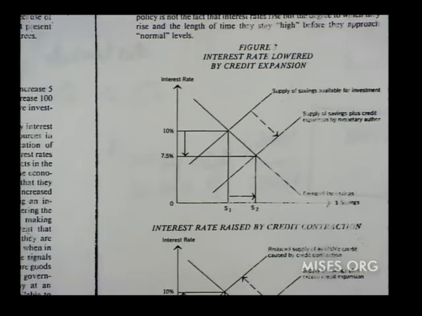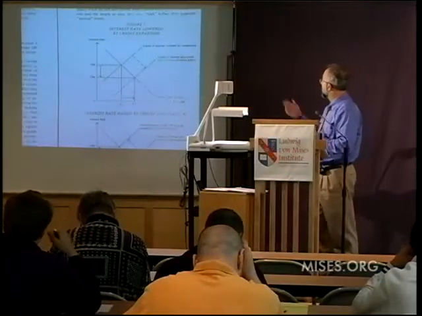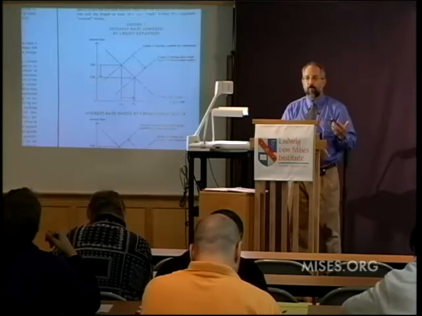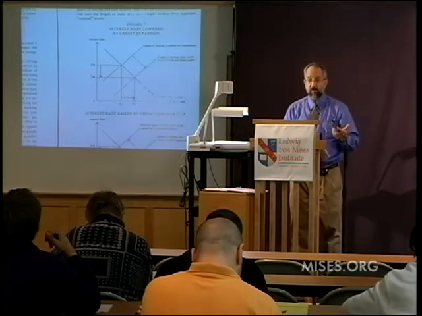Suddenly, businessmen and entrepreneurs see opportunities for profit. They see that they can get a 9% return on a particular investment project or an 8% return on another, which wasn't worthwhile before because the borrowing rate was 10%. Now if they can borrow at 7.5%, they begin to borrow more money and invest it. That money is invested in purchasing new capital goods.